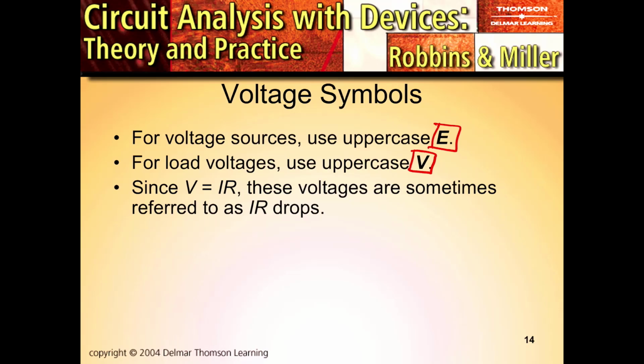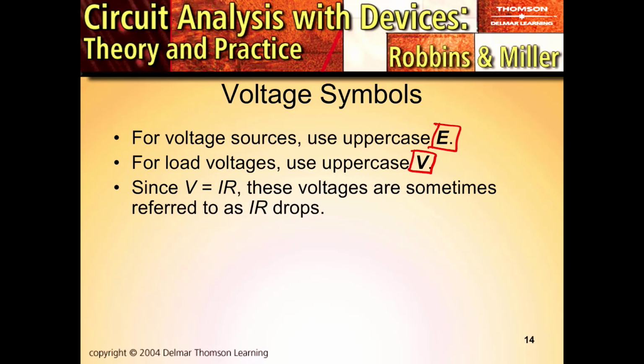So if you were to label the voltage of a lamp, you would call it V. The voltage of a source, you would call it E. Again, you'll see this is violated in all sorts of labs, curriculum, textbooks, and so on. But that is really the use of this E and V that we've talked about.